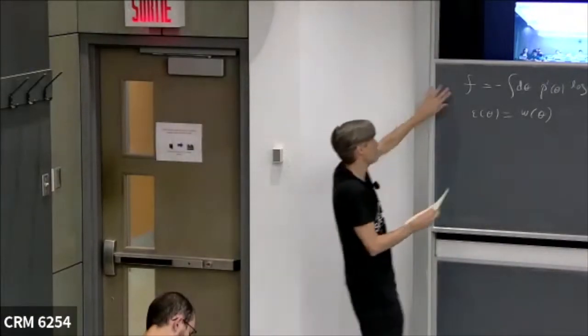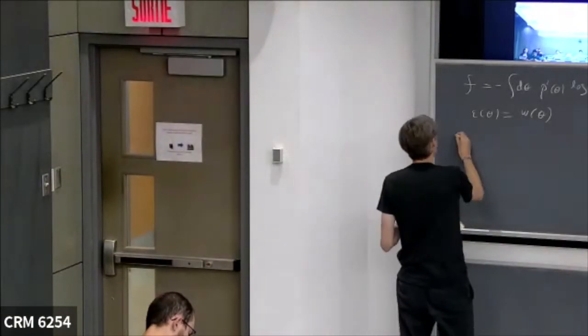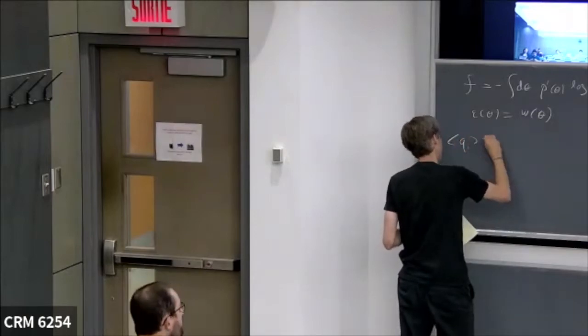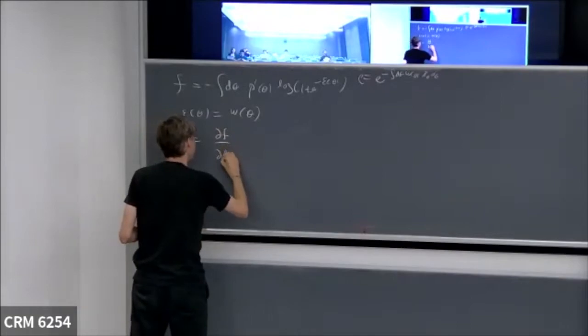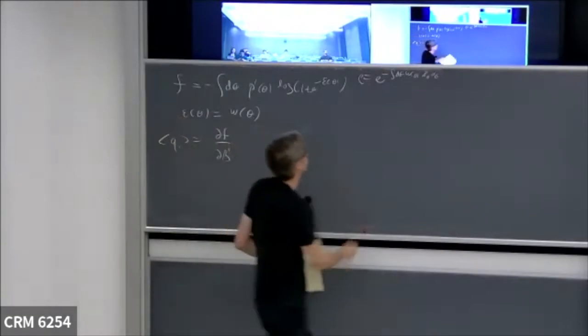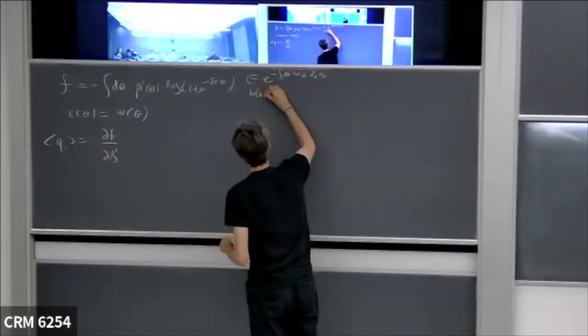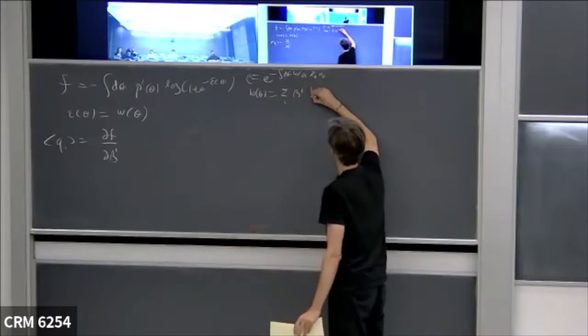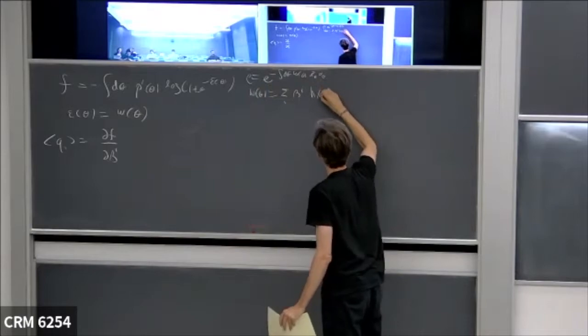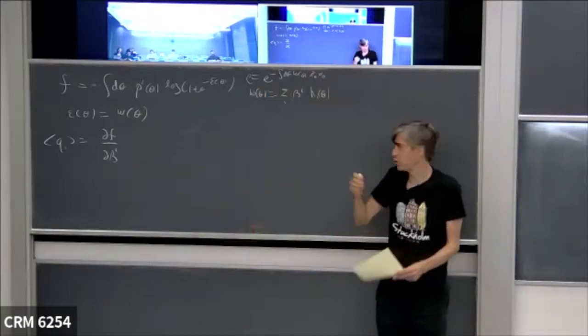So this is the free energy, and the average densities always have the form of derivatives of the free energy with respect to the beta i's. The w of theta is just a linear combination, a sum over i of beta i times some function, which is the one-particle eigenvalue of the conserved quantity i.